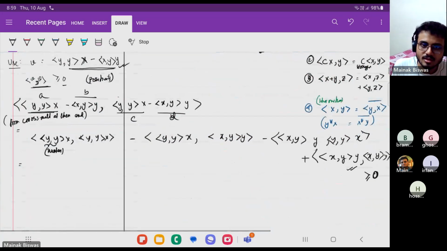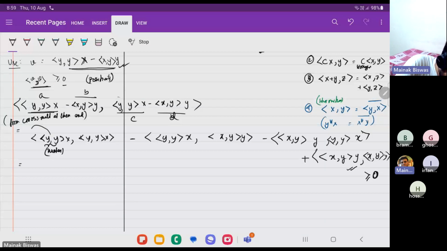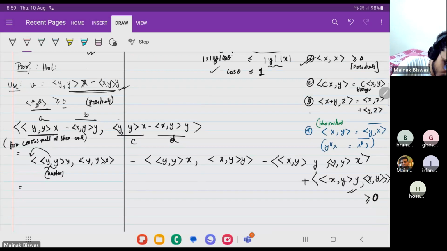So can I bring this number out or not, by the property of homogeneity? This property I can use? Yes. And we can also use the fourth property in tandem.